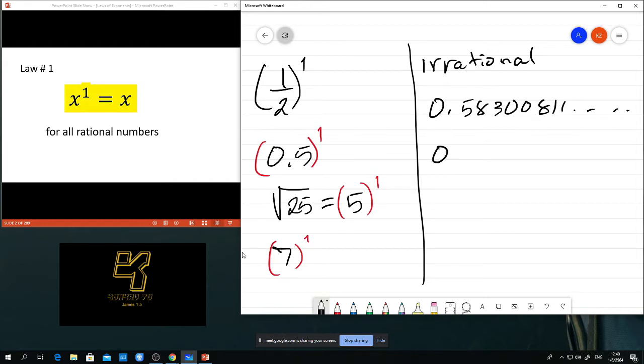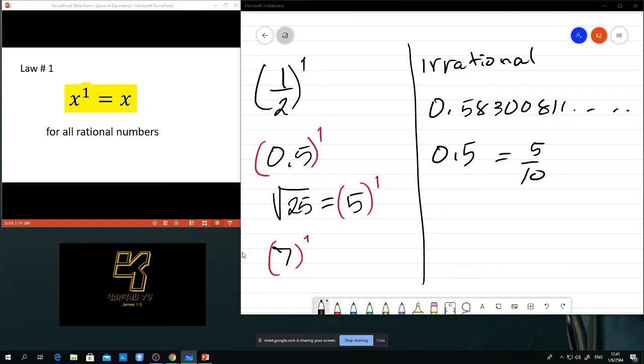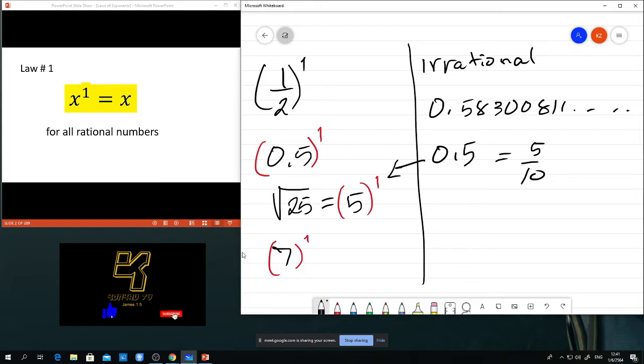Unlike 0.5, you can write it as a fraction, right? 0.5 equals 5/10. So it means 0.5 is a rational number. Any question? That is law number one.